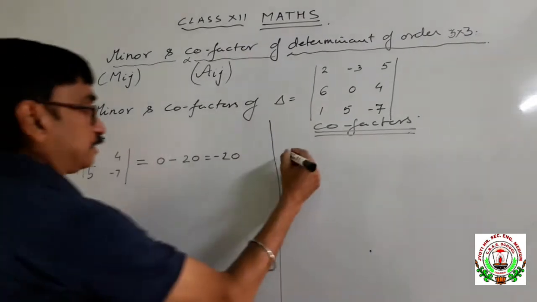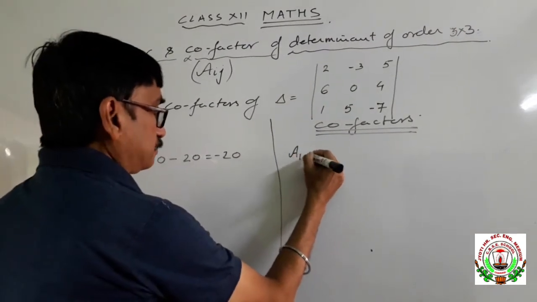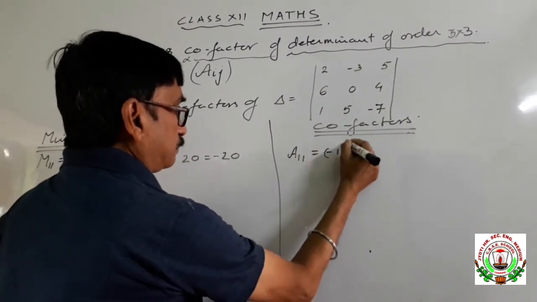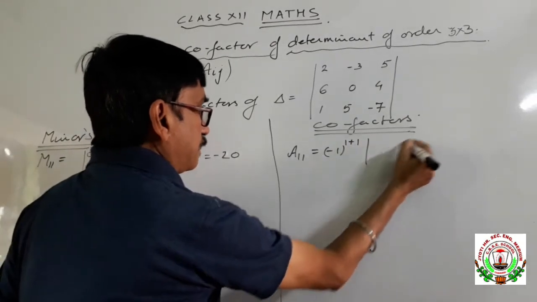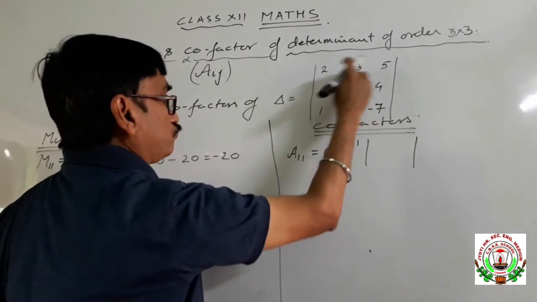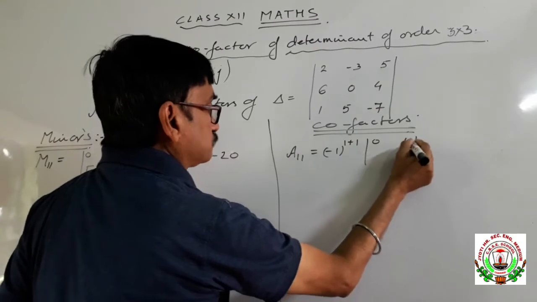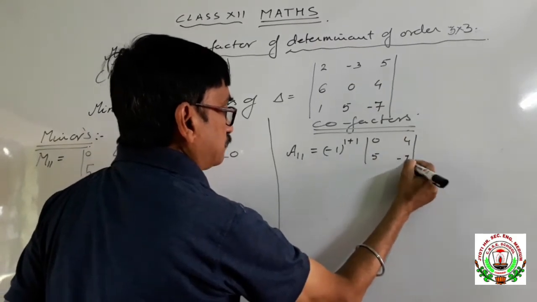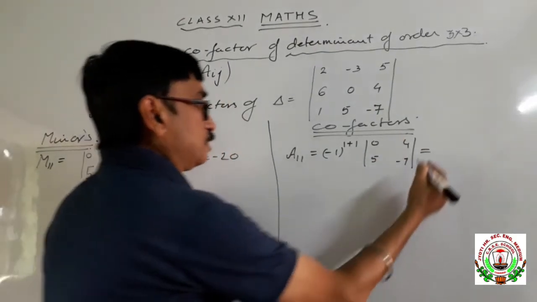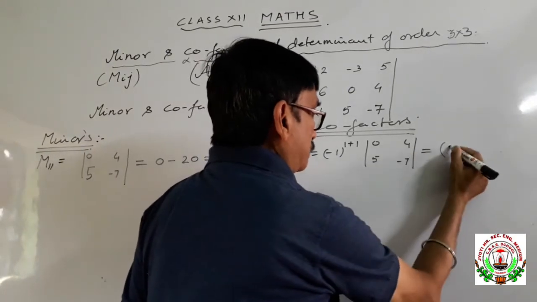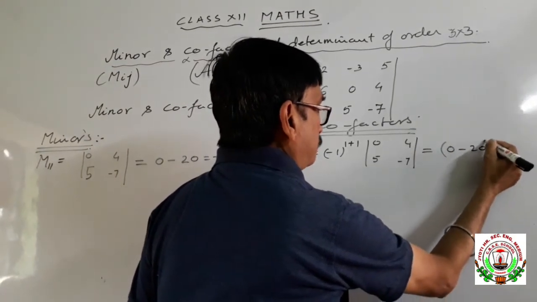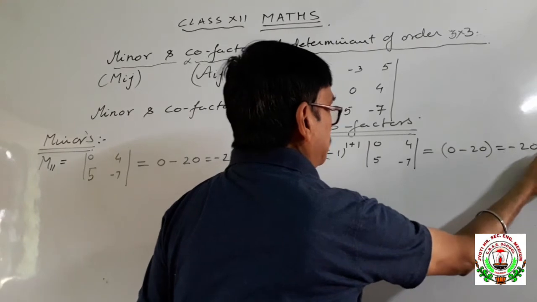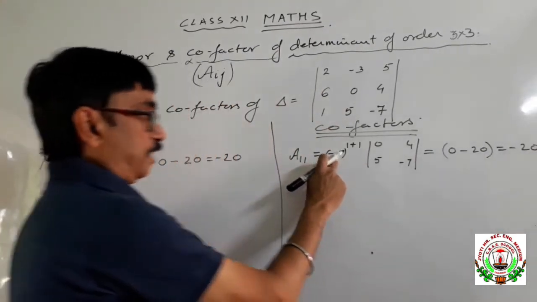For its cofactor, minus 1 to the power 1 plus 1, times the left out elements 0, 4, 5, minus 7, equals top to bottom minus bottom to top, equals minus 20, as we are getting a positive sign.